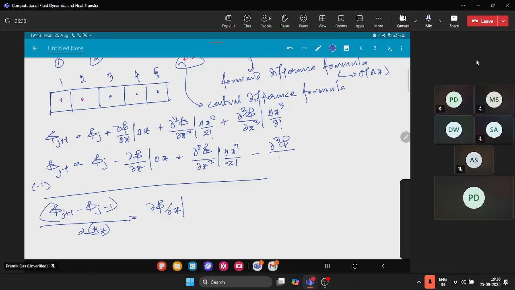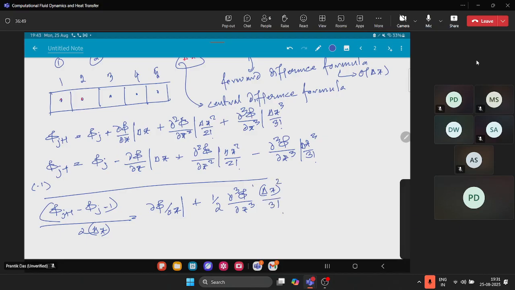So this is half of d cube phi dx cube times delta x square by 3 factorial.